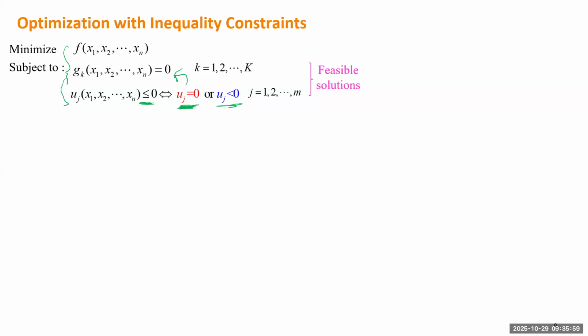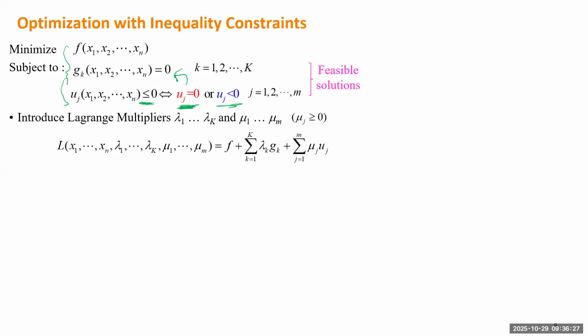So we just find the stationary point for the new Lagrangian function. And another, we need to address this one. We also need to make sure that if this equality constraint does not hold and this is true, that's also good. Okay, let's go to the detailed steps of how to solve this problem.